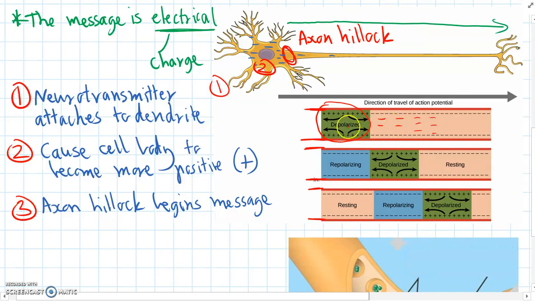It goes from negative to positive, and then just like ink spreading through water, that positive charge moves along to the next region. And we can see here the depolarized region moves along, and then it spreads along again, and the next region gets depolarized. So step 4 is the depolarized region moves all the way down the axon.